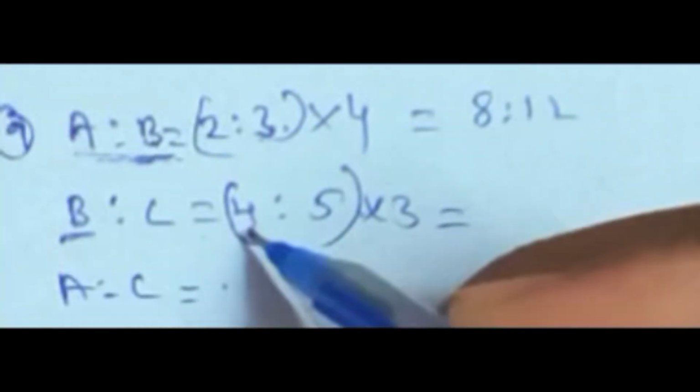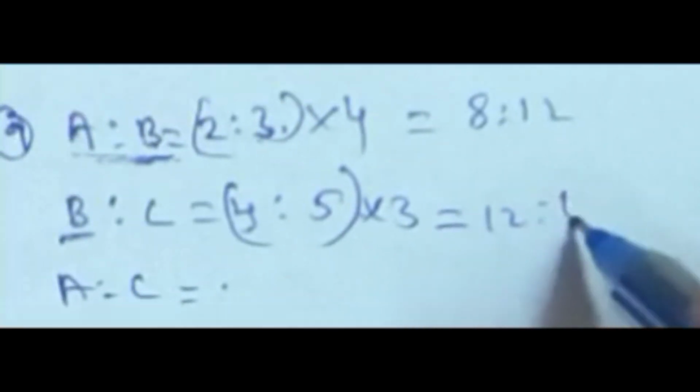So now we are multiplying this with 4, and the same thing here, with 3. So we get 8 is to 12. Here we get 4 into 3, 12 is to 5 into 3, 15. So now B values are the same. So we can compare now. A is to C is equal to 8 is to 15.